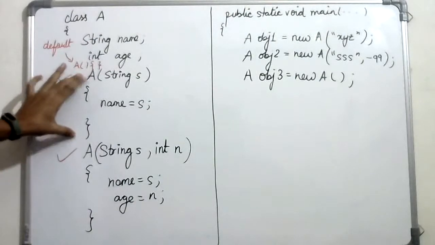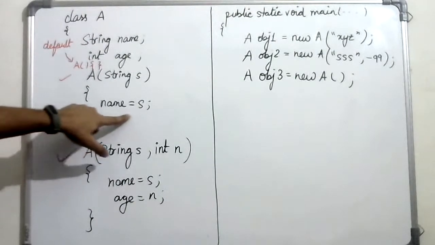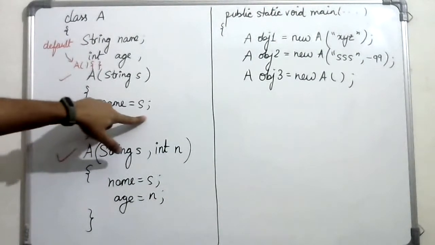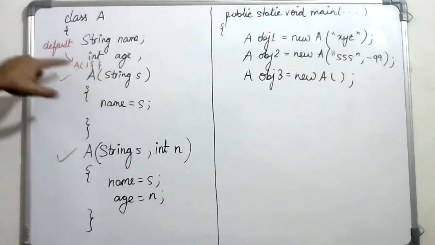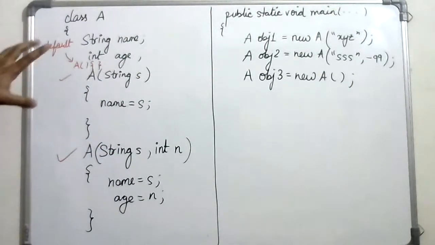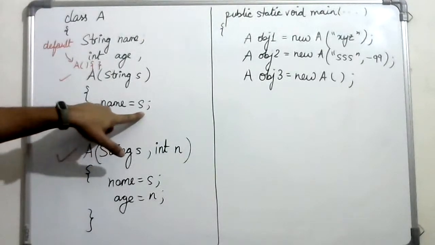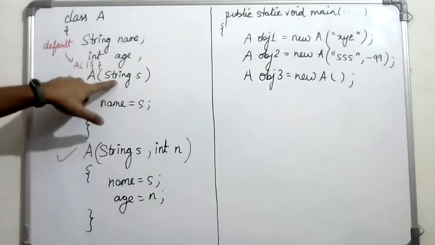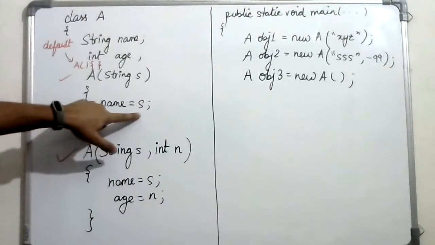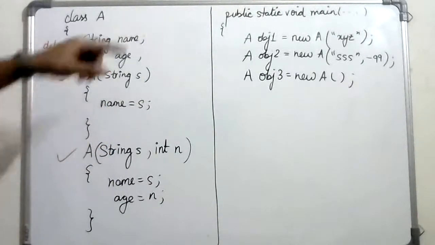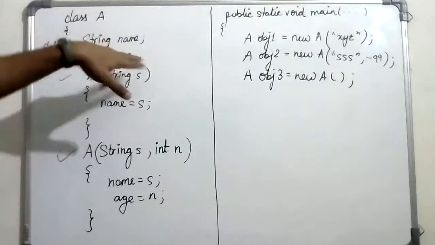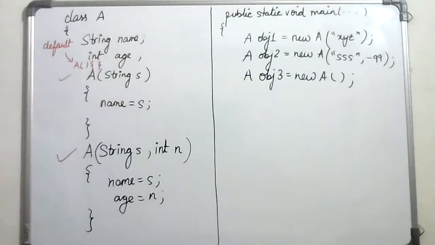But if you have, since you can see that I'm not initializing age here, age is by default initialized by the default constructor. Automatically it's done. Here I'm only concerned with the argument that is being passed. That is the only thing that I'm initializing, to name. The second variable age is by default initialized to 0.